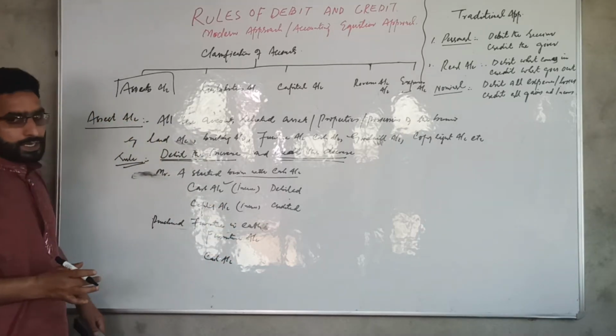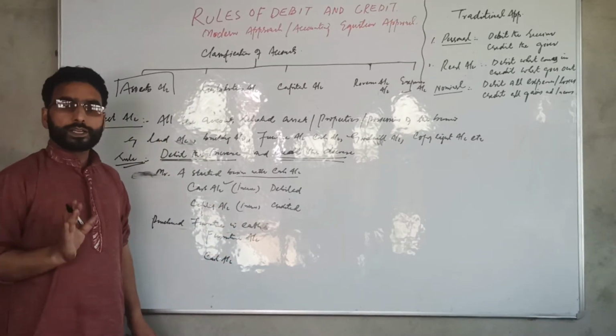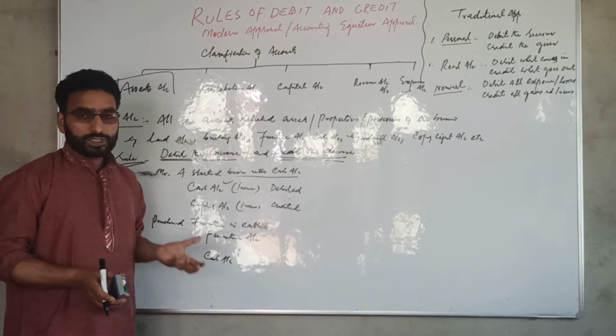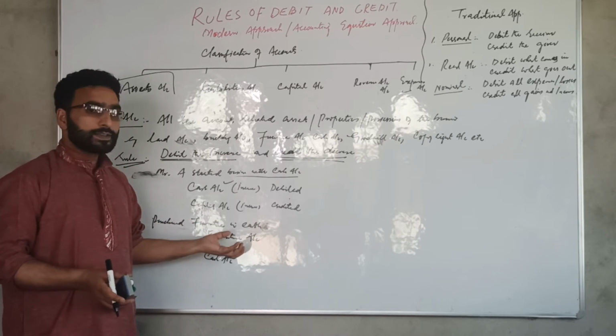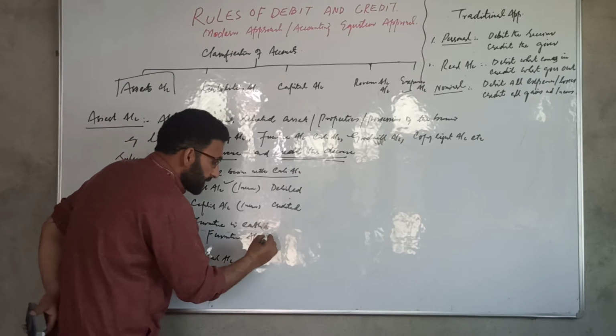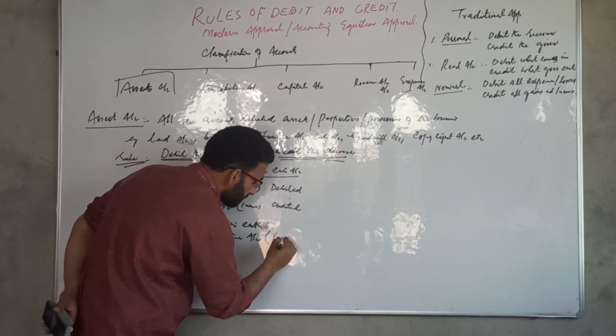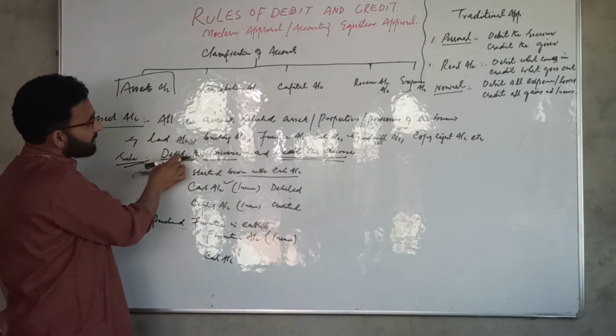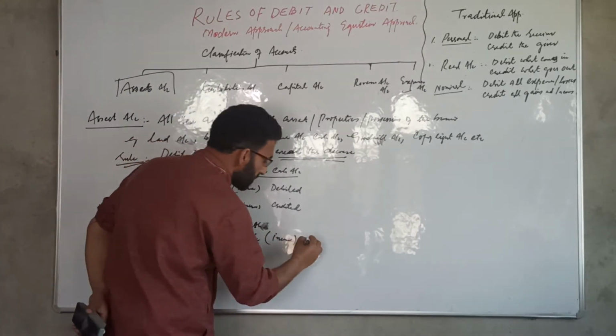When the business got furniture, the business paid cash for it. At that time, furniture account increases. Furniture comes into the business. So there is an increase in furniture, and it is in assets account. The rule for the assets is debit the increase, so furniture account is debited.